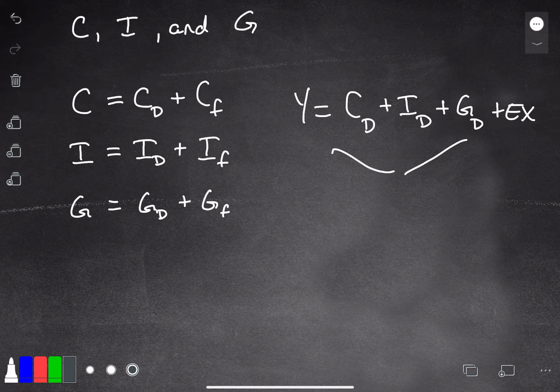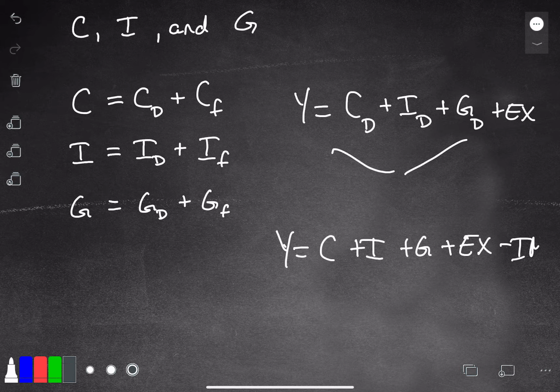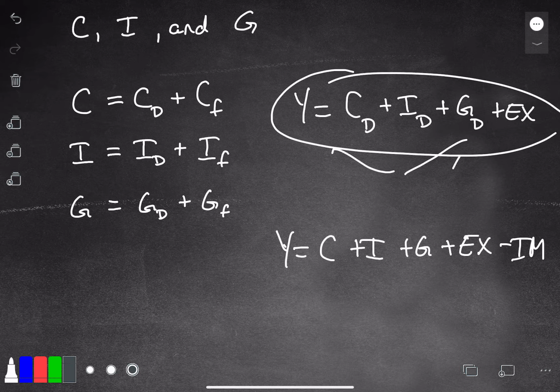So this is kind of like the goal. But what we have is Y is equal to C plus I plus G plus exports minus imports. So the question is, how do we get from here to here? Are those two things equal? And I'm going to show you that they actually are.